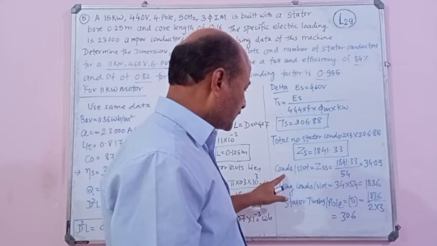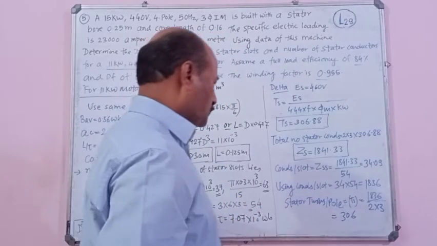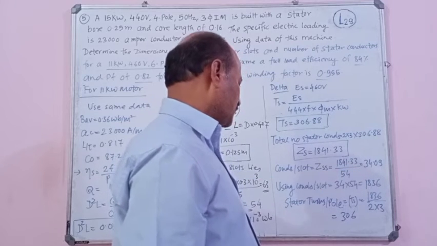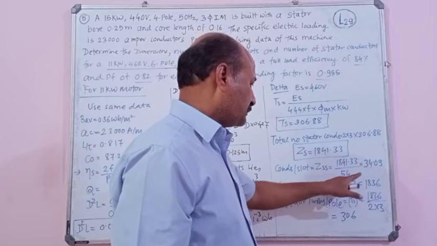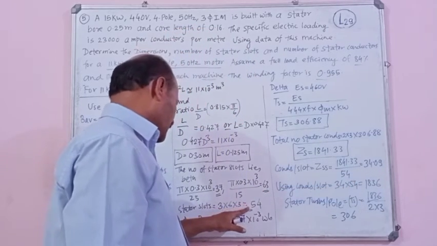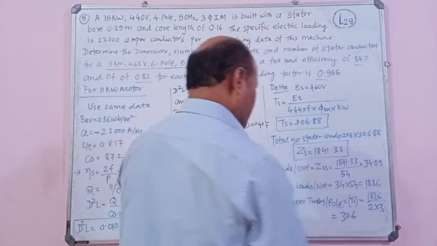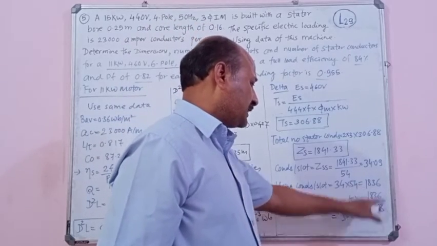Next step is to calculate the conductors per slot. We have the number of slots equals to 54. So total conductors divided by number of slots gives the conductors per slot. So we have 54 multiplied by 34, where 54 is the number of stator slots and 34 is the conductors per slot. So you will get the total conductors equals to 1836.